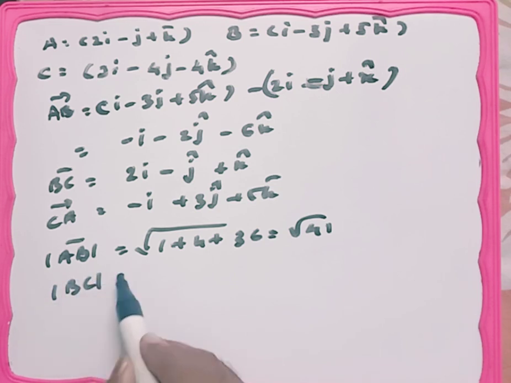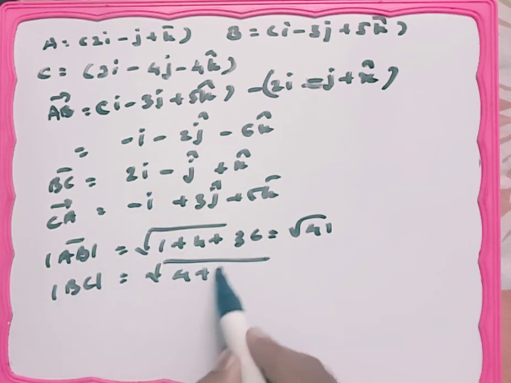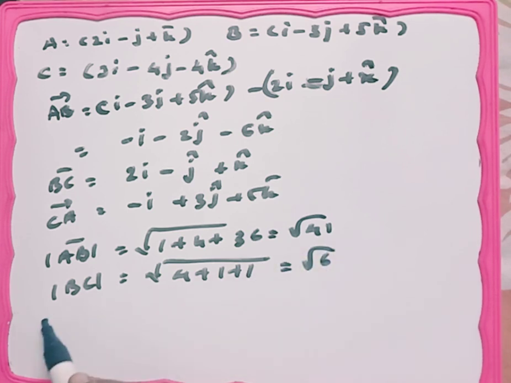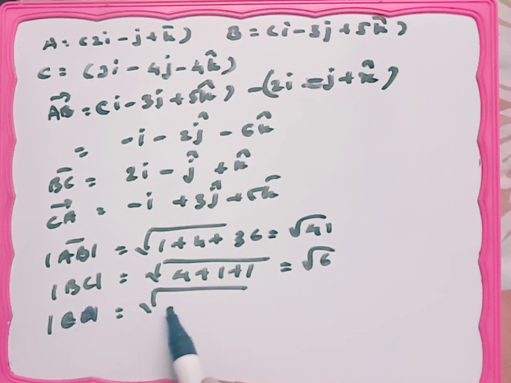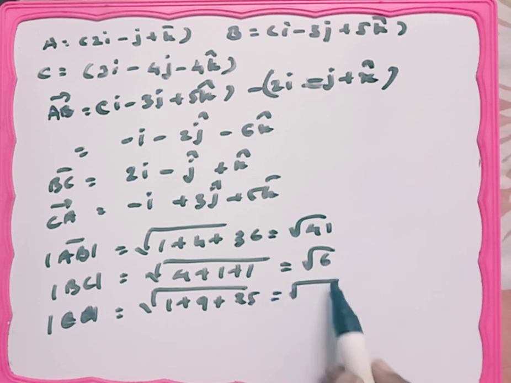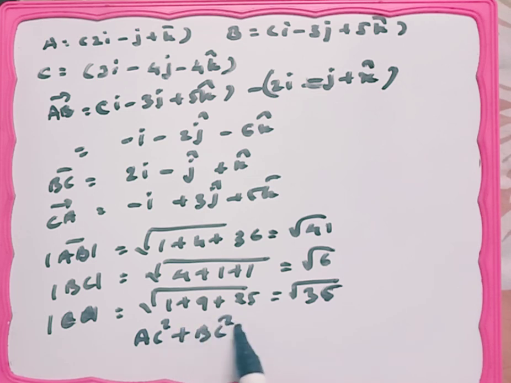The magnitude of BC we will have 2 square 4 plus 1 plus 1, which is root 6, and the magnitude of CA we will have 1 plus 9 plus 25, which is 35, and so we can take that here AC square plus BC square equals AB square, and so these 3 points represent a right angle triangle.